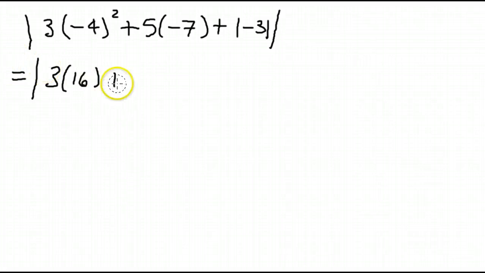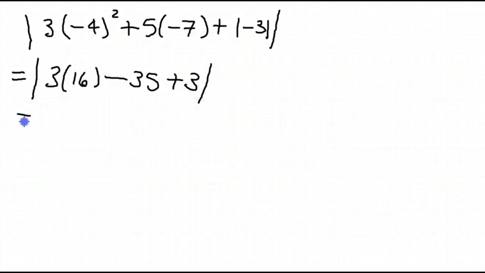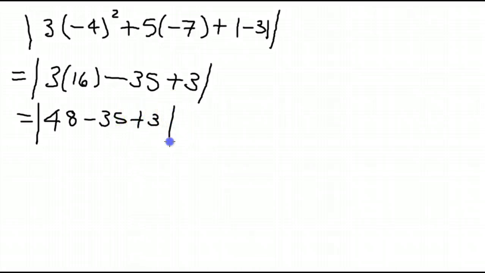Well, let's just call that -35. So minus 35 plus 3, and then absolute value. So we get the absolute value of 48 minus 35 plus 3. 48 minus 35 is 13, plus 3, the absolute value of 16, which is just 16.